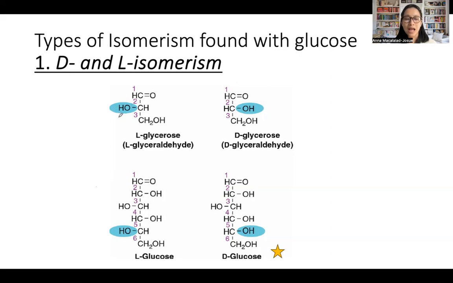In L-glyceraldehyde the hydroxyl part is on the left side, and in D-glyceraldehyde the hydroxyl part is on the right side. Similarly, in L-glucose the hydroxyl on the 5th carbon is on the left side, and in D-glucose it's on the right side. The most common form of glucose is D-glucose. That's why there's a star in there.